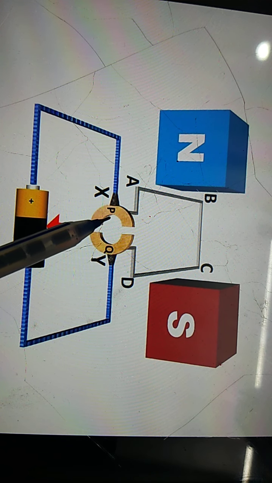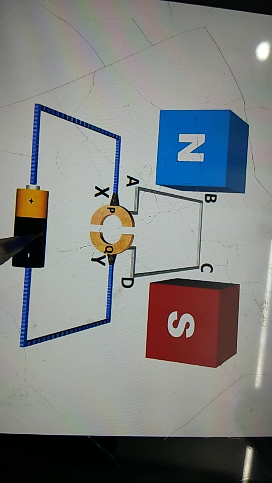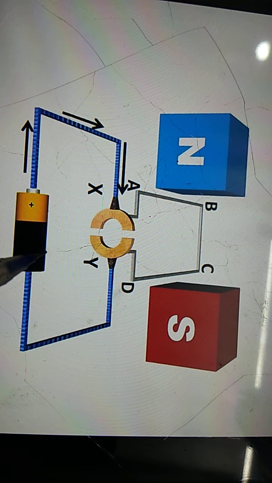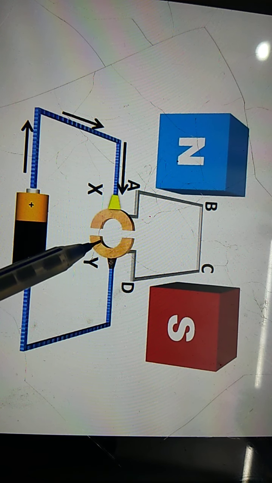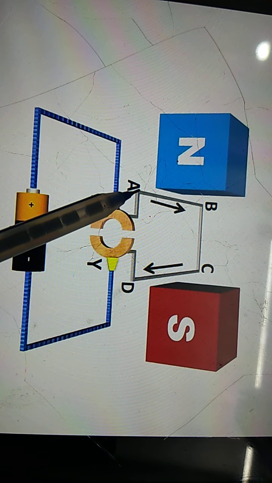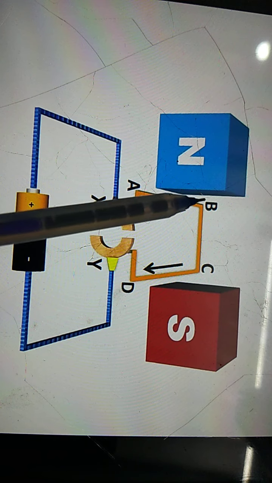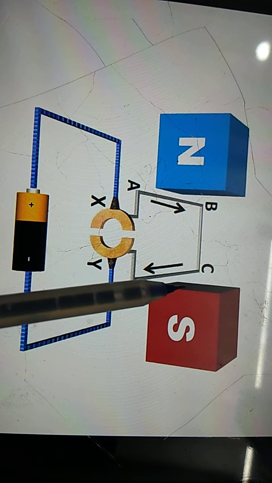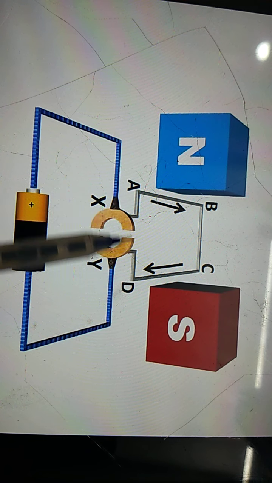And these P and Q are split rings. This is also called a commutator, and you can see that these commutators are connected to the brushes. Current is going from A to B, and in this end C to D, and B to C is parallel to the magnetic field, and also current is moving in the D to A direction, and this is also parallel to the magnetic field.